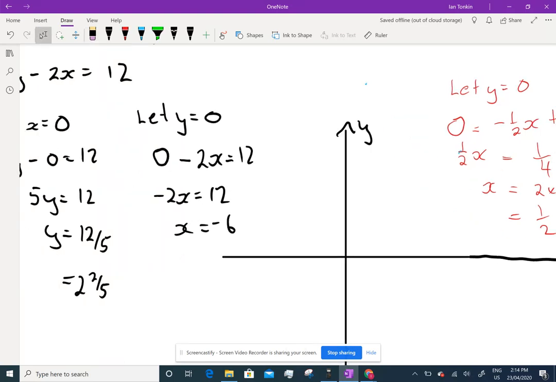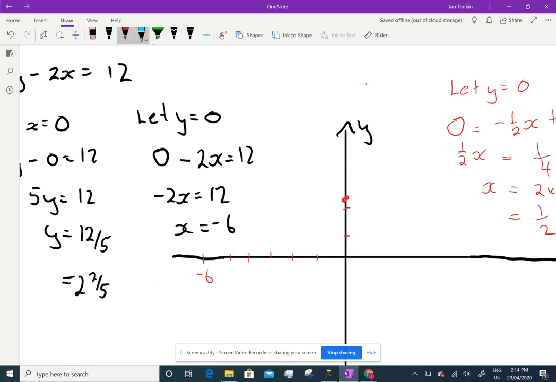So y equals 2 2/5, 1, 2, about there. And x equals -6. 1, 2, 3, 4, 5. I'm going to have to extend it. -6.